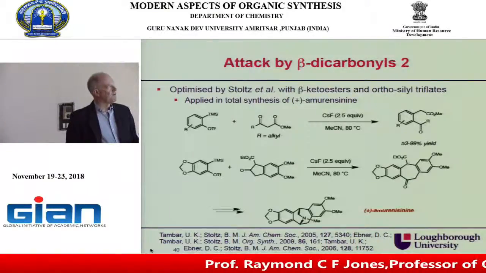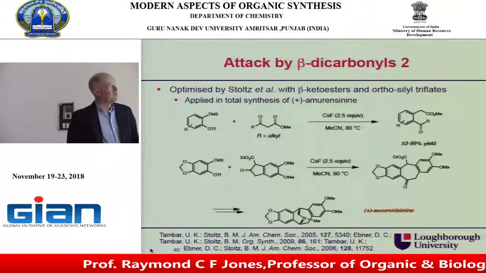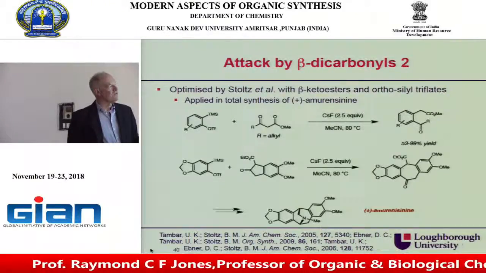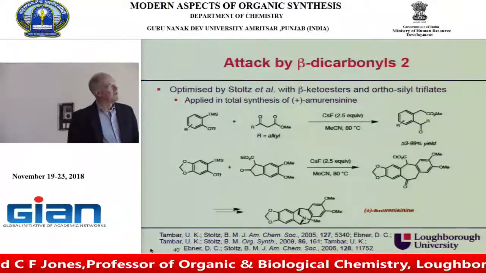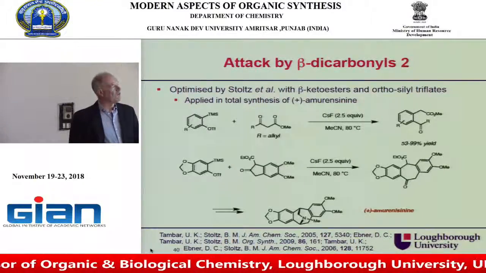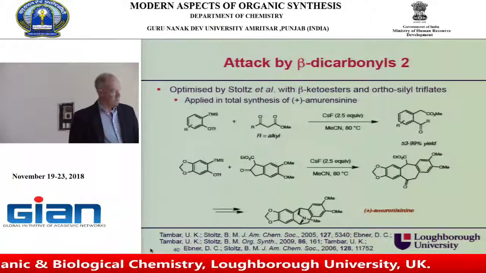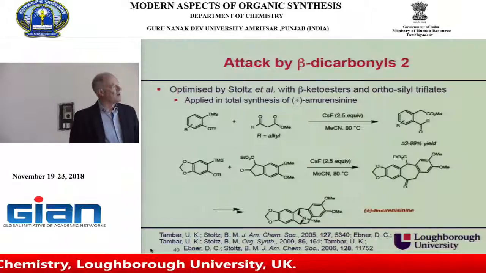So I think that this use of beta dicarbonyl compounds is quite interesting because it forms two CC bonds at adjacent positions as a result of forming initially one CC bond by attack of a stabilized enolate at one end of a benzyne.